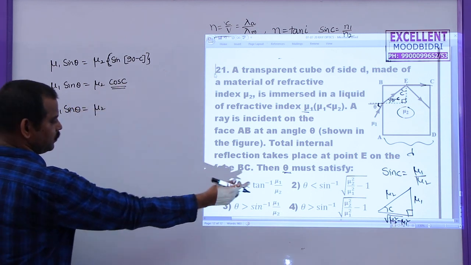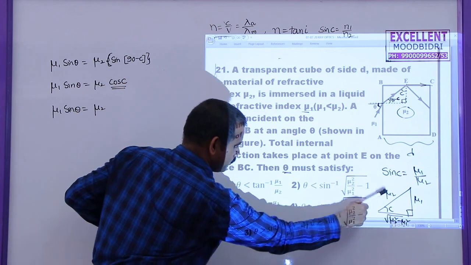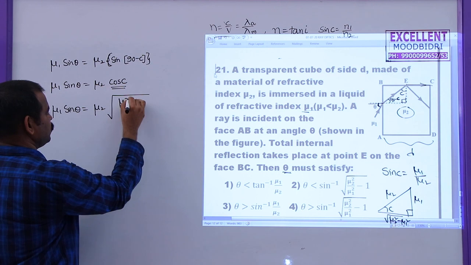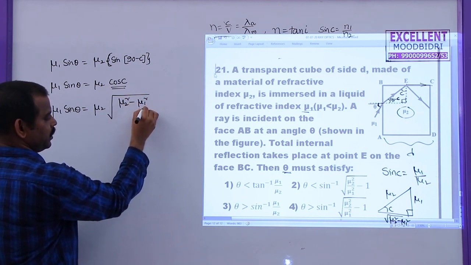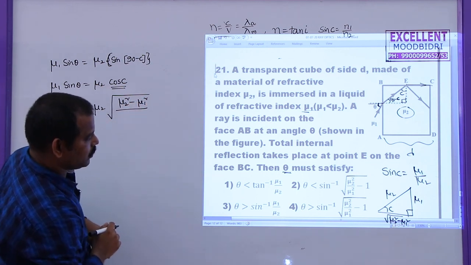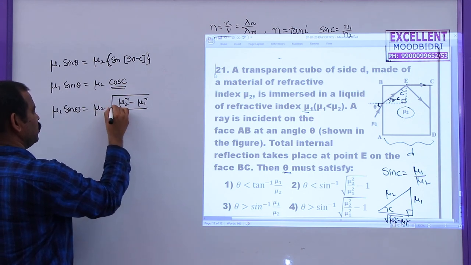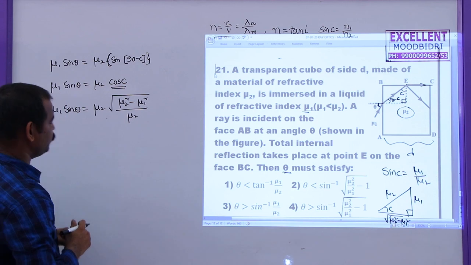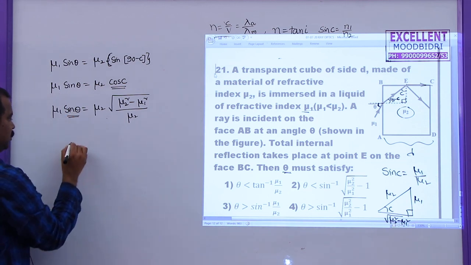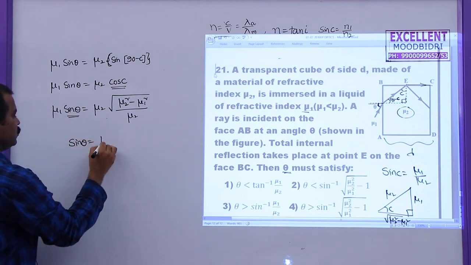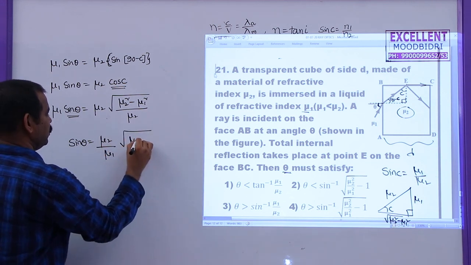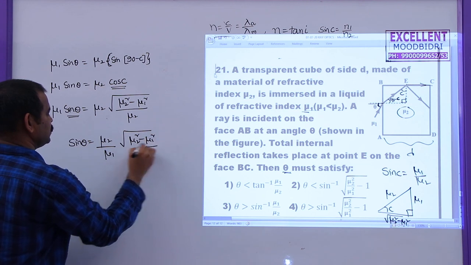What is cos C from this triangle? Adjacent side by hypotenuse, which is root over mu2 square minus mu1 square by mu2, the hypotenuse of this right angle triangle. I want sin theta, so sin theta is equal to mu2 by mu1 into root over mu2 square minus mu1 square by mu2.